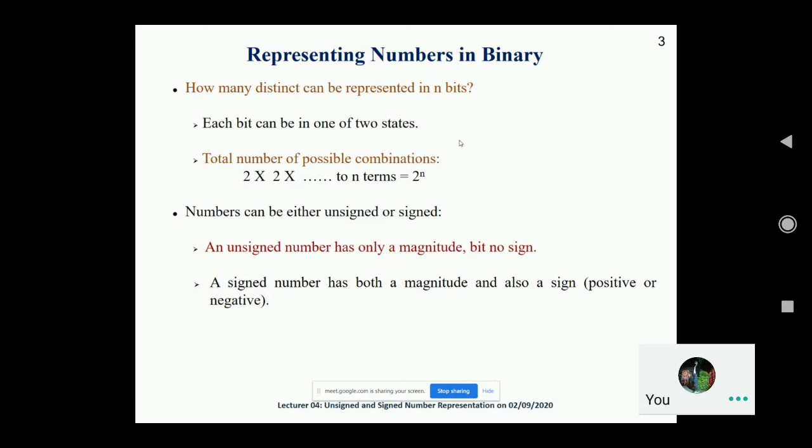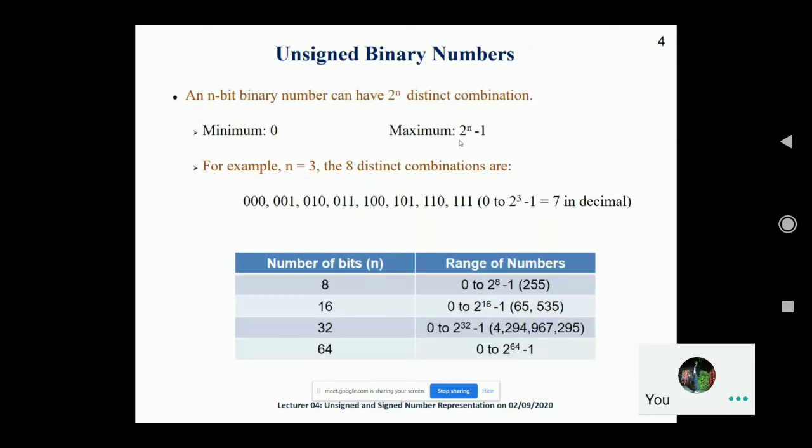And when we are talking about the signed number, magnitude as well as sign representation are there. So the sign may be positive or negative. Based on the sign bit, you have to know if this one is positive, and also you have to know if this one is negative. That is called the sign.